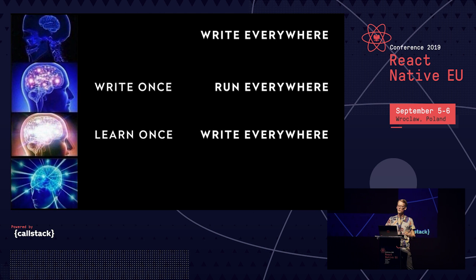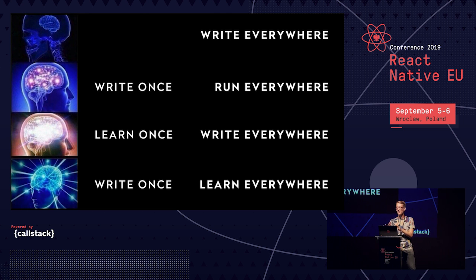They're not fundamental to this problem. They're incidental complexity. So I want to propose a new mantra to the community, the galactic brain choice, which is to write once, learn everywhere. Not just run everywhere, but learn everywhere.